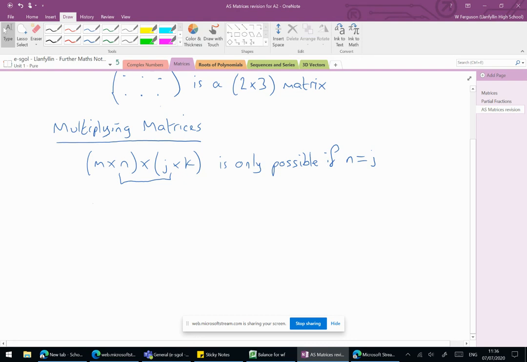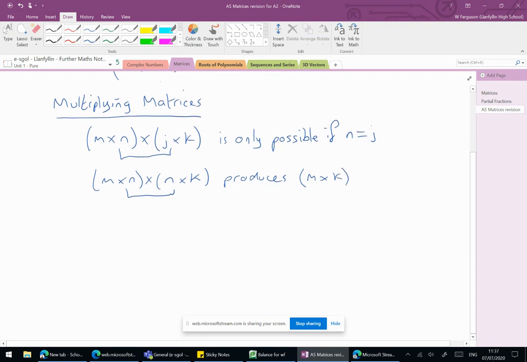So as long as n and j are the same, so actually I would be doing an m by n matrix multiplying an n by k, because those two have got to be the same, this is going to produce a matrix of size m by k. So a 2 by 3 matrix multiplying a 3 by 1 matrix will produce a 2 by 1 matrix, or something like that.